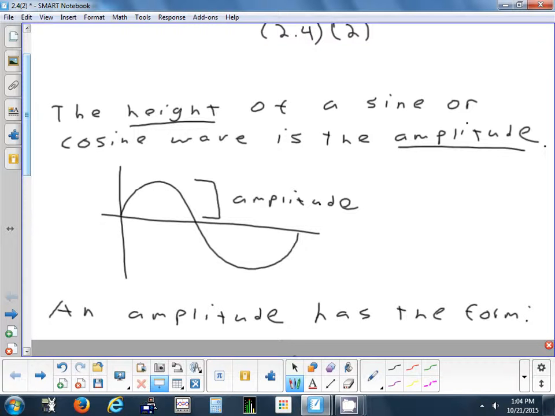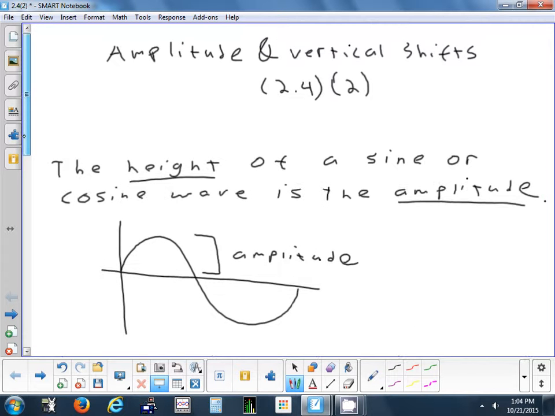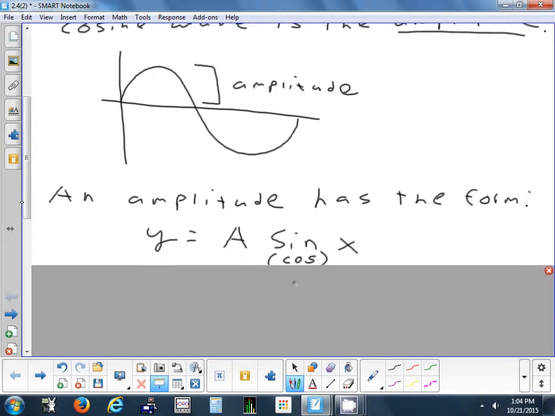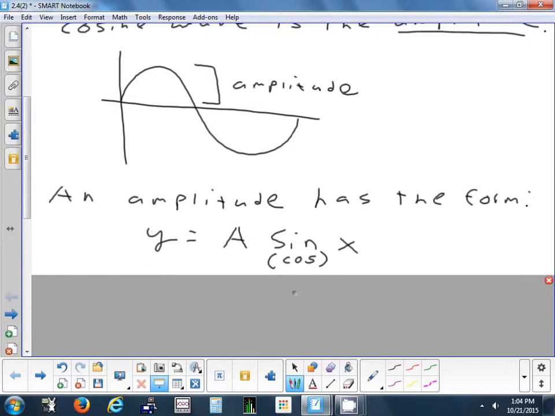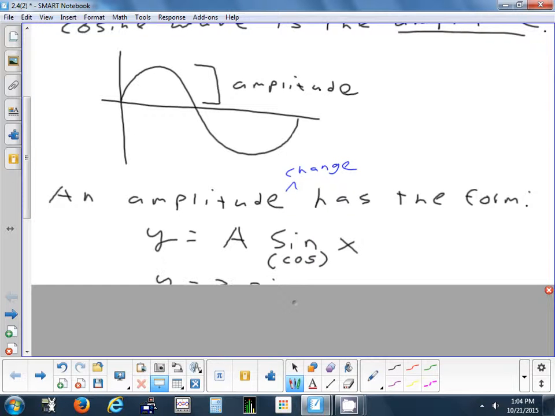And this is what an amplitude change looks like. With an amplitude change, you're not adding or subtracting with parentheses around the number and the x. You're putting a number in front.